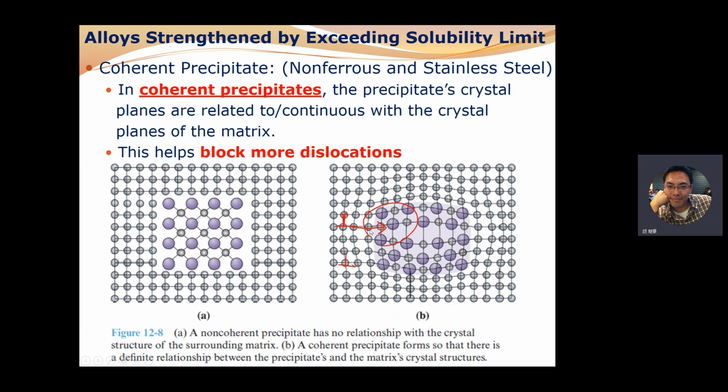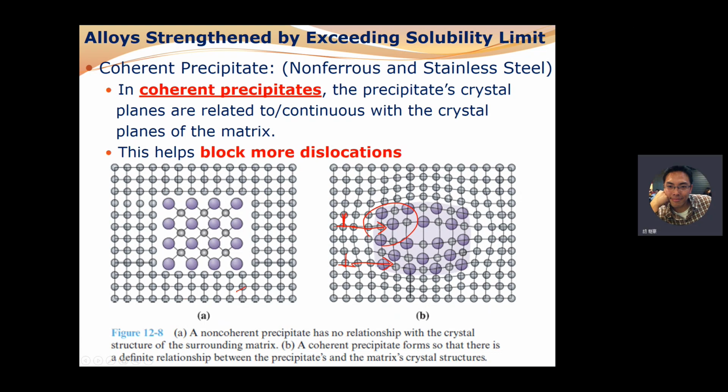Therefore, the dislocation movement will be blocked by this continuous distorted lattice. The same here, this dislocation will stop here, blocked due to the continuous lattice distortion.